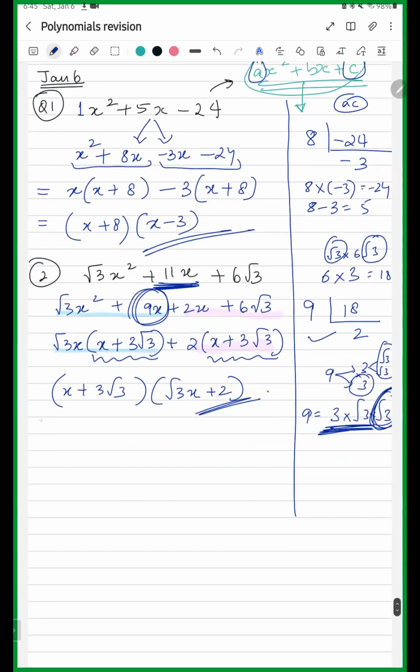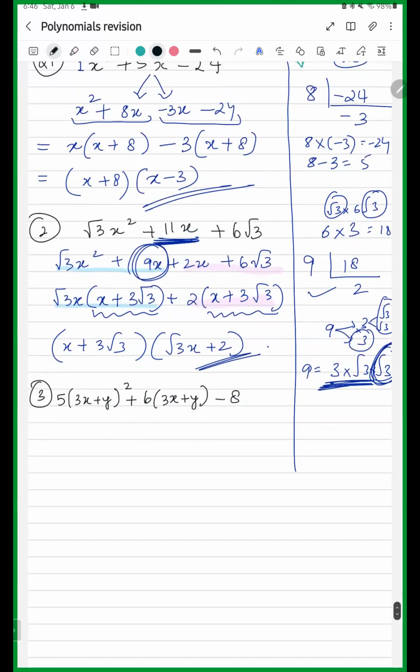Next question. Sorry, 3x plus y whole square. What am I writing? Okay. Now, notice one thing, that this bracket over here, 3x plus y, is the same.